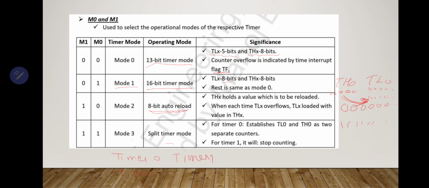If timer 0 works in mode 0, then timer 1 may work in mode 2. Or if timer 1 works in mode 2, then timer 0 may work in mode 1. So these two are independent.